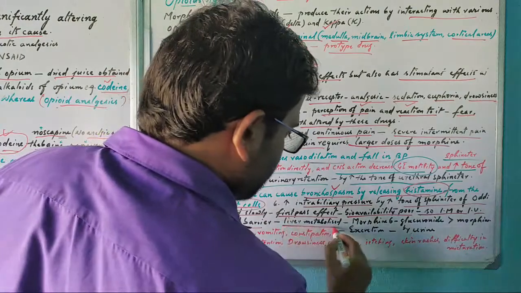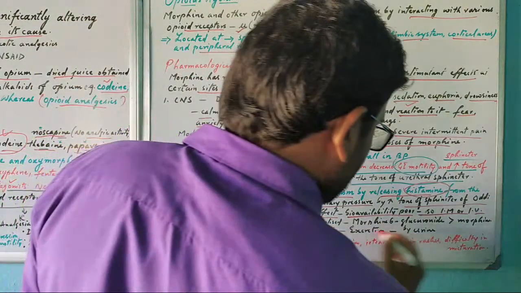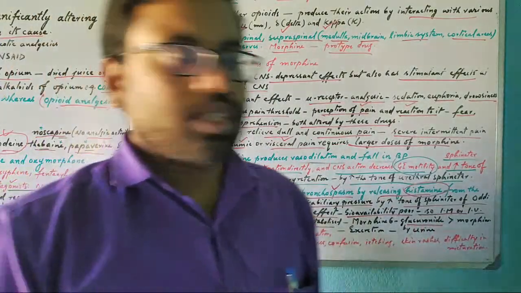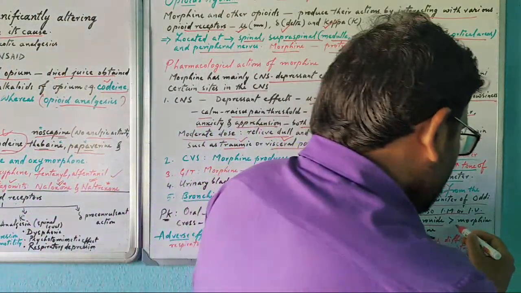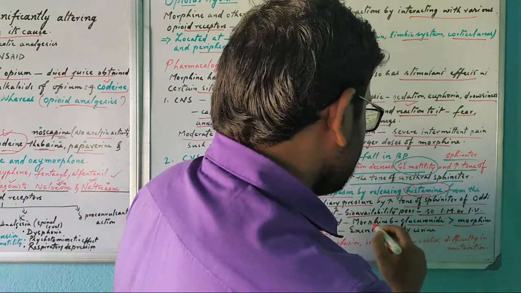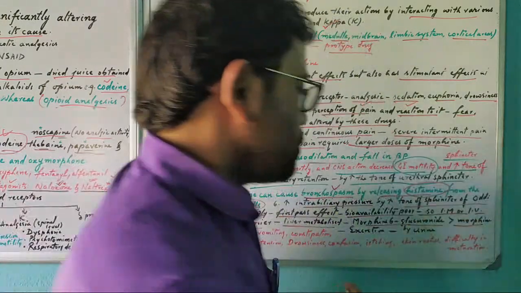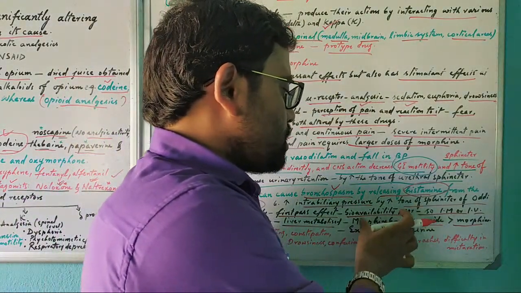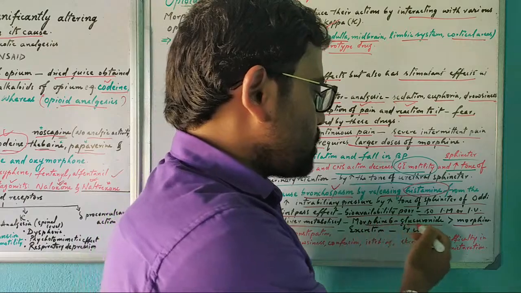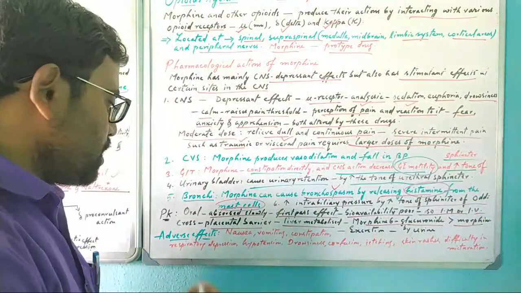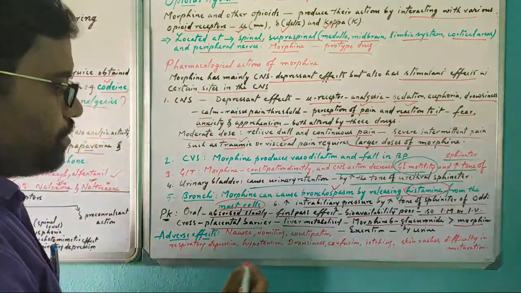Then it undergoes liver metabolism. Morphine is metabolized in the liver by glucuronide conjugation, and morphine 6-glucuronide is more effective than morphine. Natural morphine, and this is somewhat processed morphine. Now, what are the side effects of morphine?